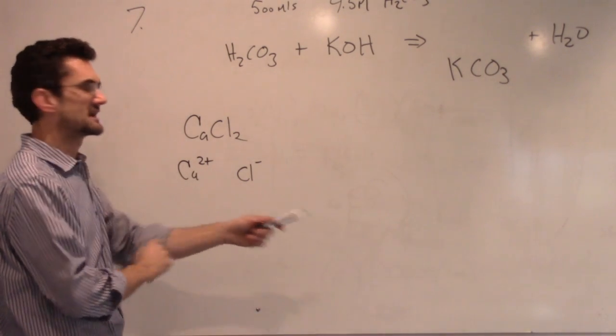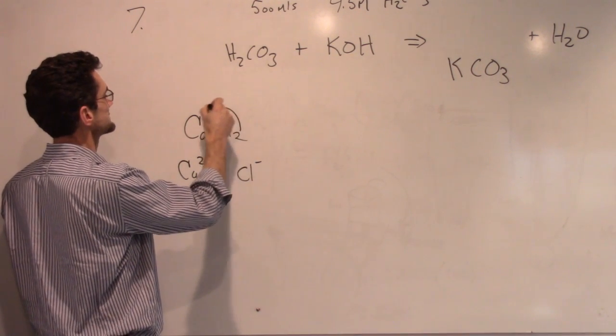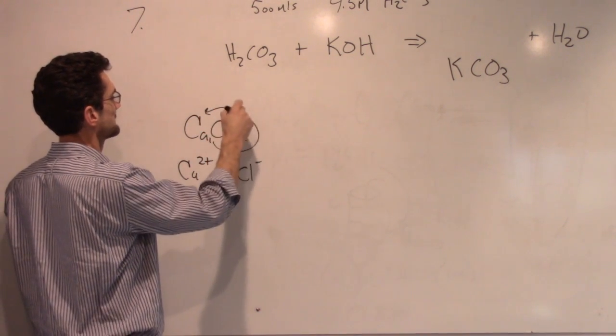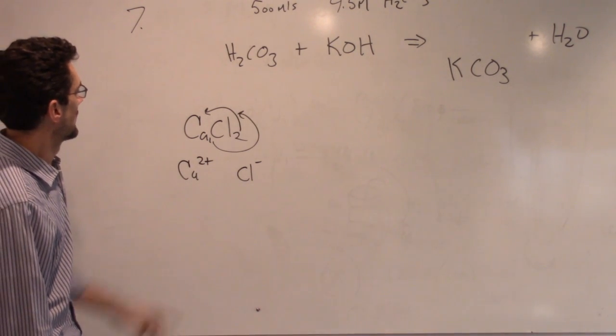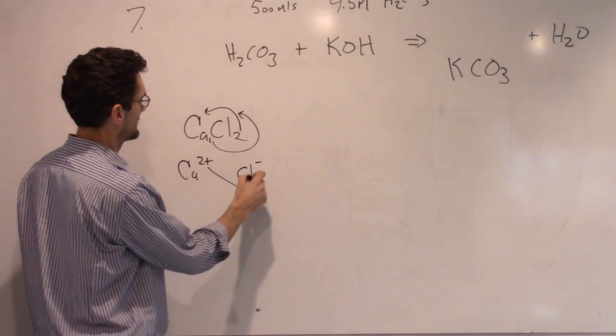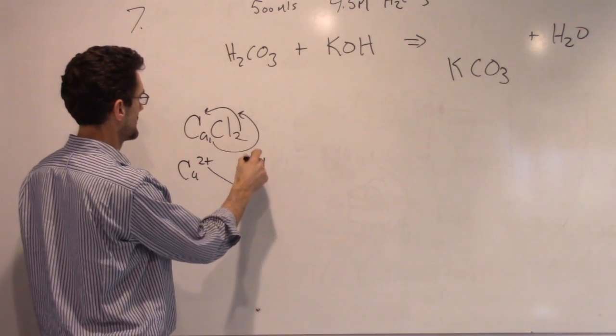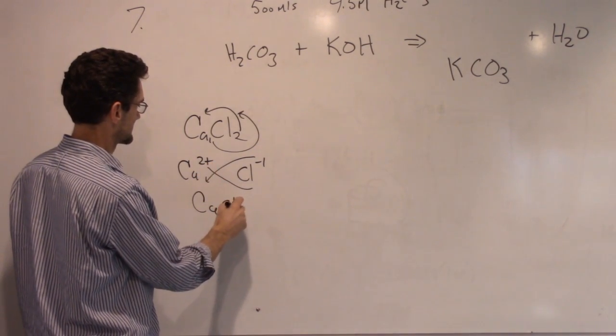And I showed you that shortcut where you assume this to be 1 and you move this up here and you move that up there. Remember that? To show you where these numbers came from. So this 2 dropped down here and this -1 drops down here and you end up with CaCl2.